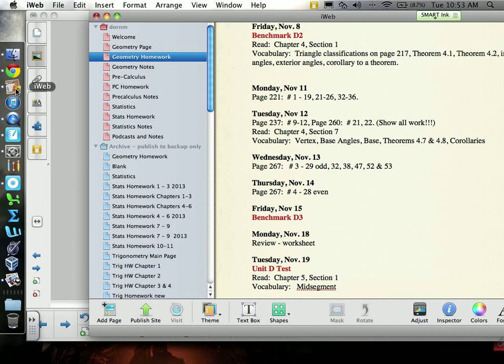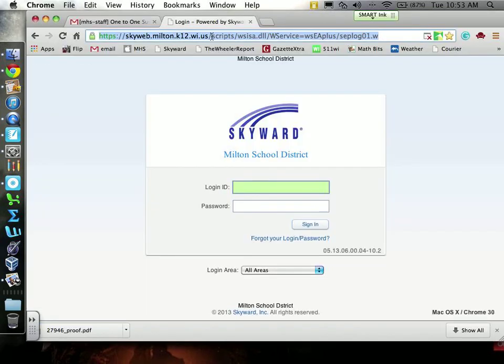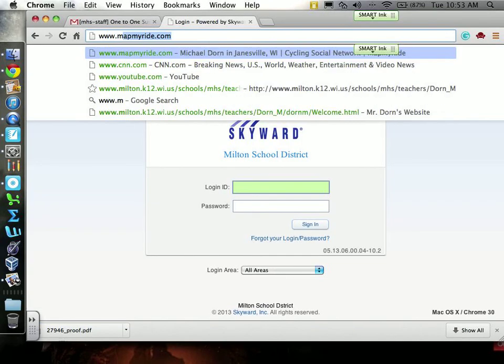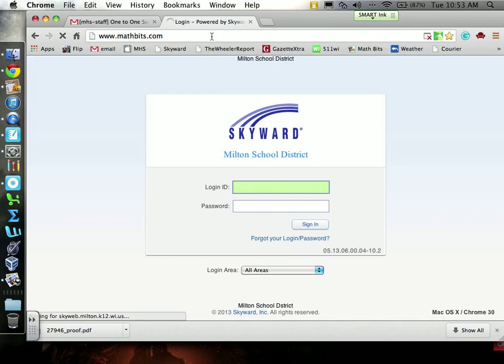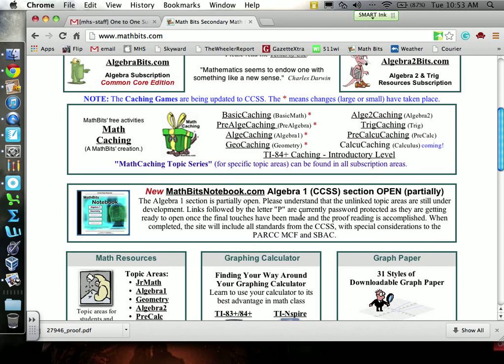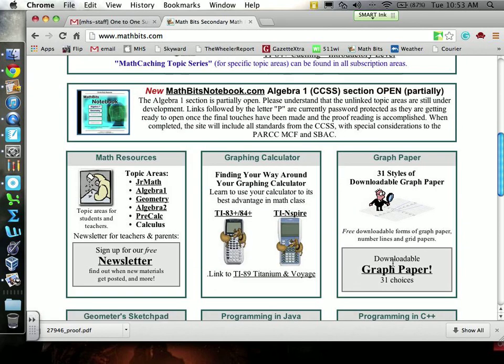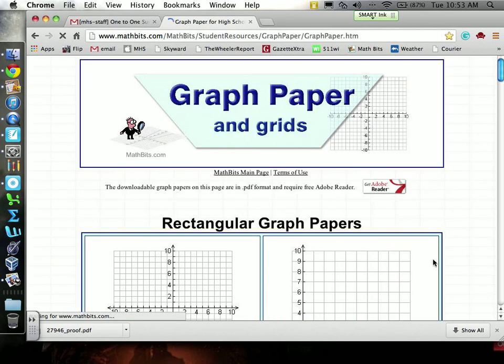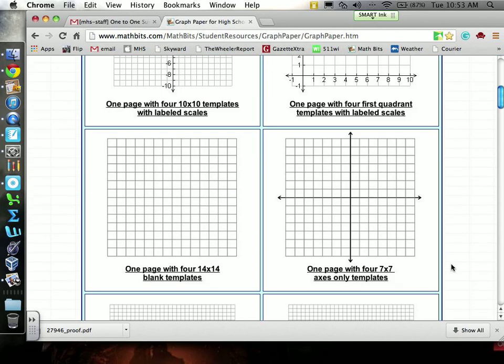Well, the easiest thing to do then is to go get some. You know where we go get some? www.mathbits.com. Free downloadable graph paper. Oh, looky what I found.